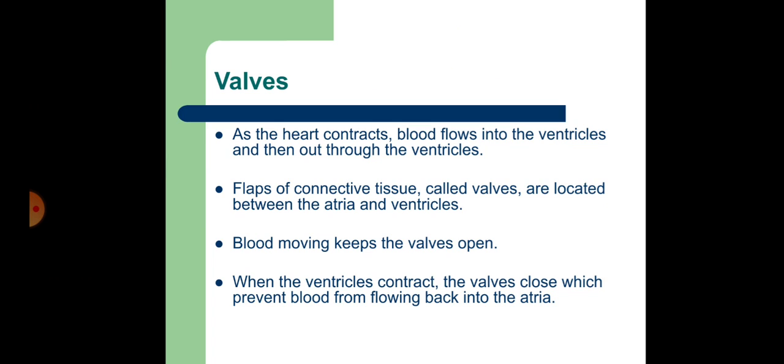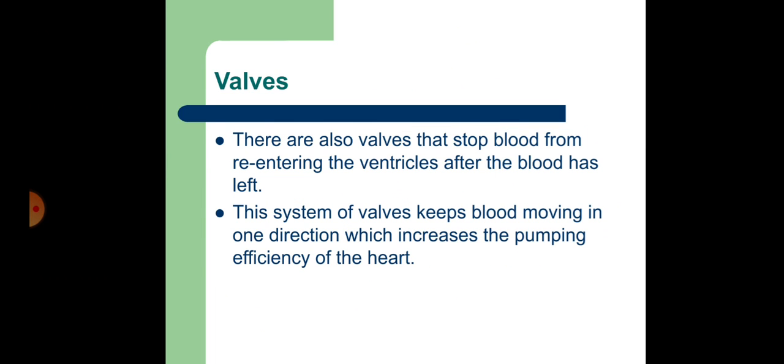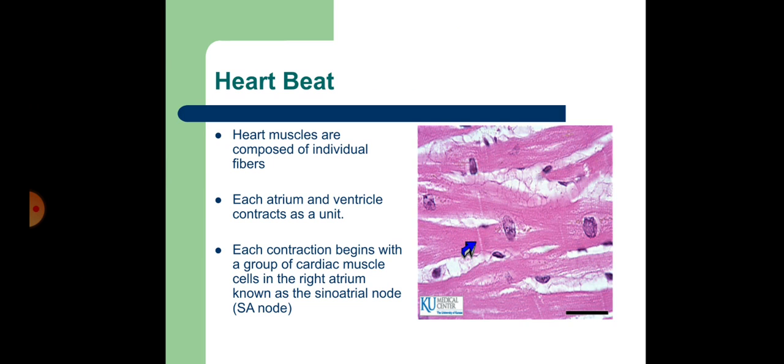When the ventricle contracts, the valves close, which prevents blood from flowing back into the atria. There are also valves that stop blood from re-entering the ventricles after the blood has left. This system of valves keeps blood moving in one direction, which increases the pumping efficiency of the heart.